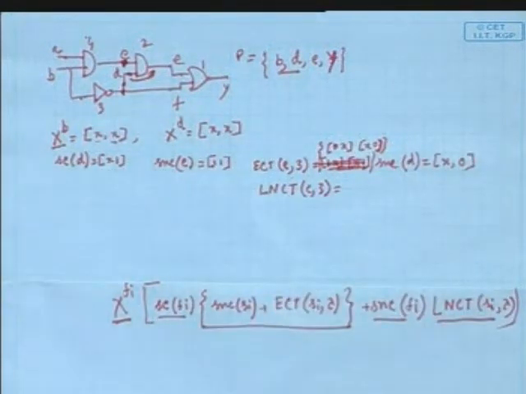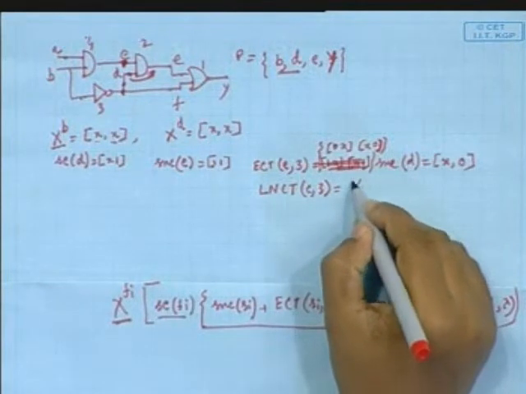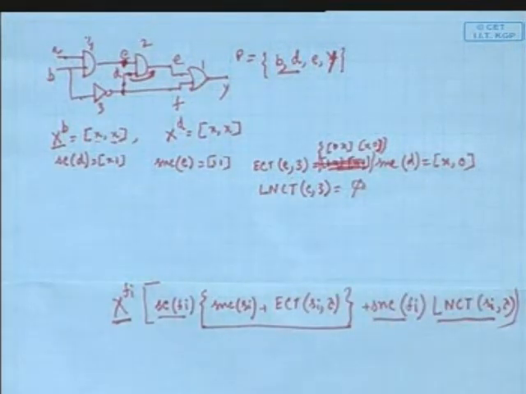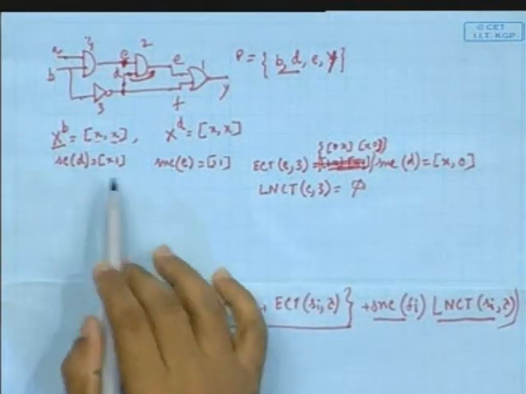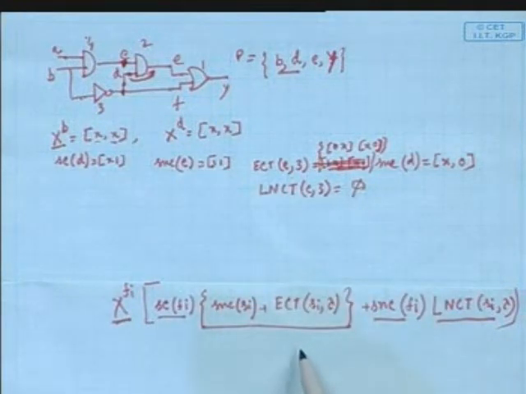So last one, this is the non-controlling value for node C and has to be stabilized earlier than 3. It's impossible. So it's 5. Fine. Now you can put these values into this equation and get the final expression for the input vector.